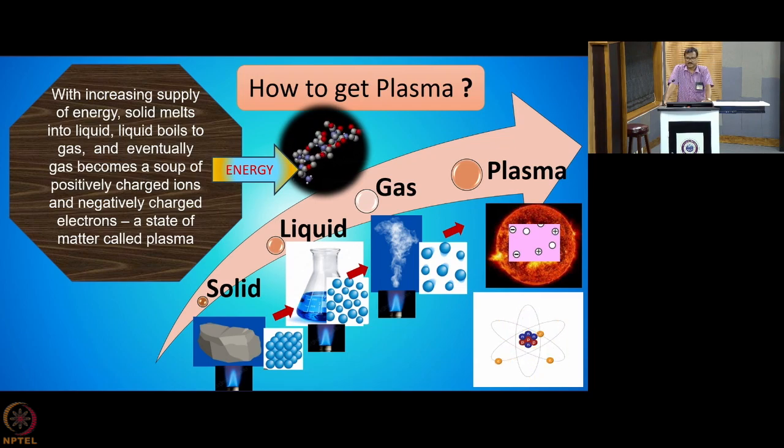Then atoms will be ionized, and the state that arrives after ionization, when there are sufficiently large numbers of ionized particles and electrons existing together, is the plasma. So, this is the simple way to reach plasma. Just keep on pumping energy, and ultimately you will reach the plasma state.